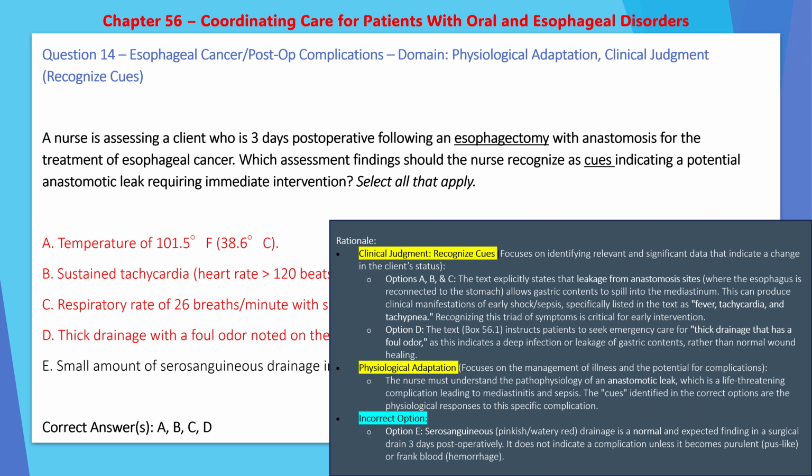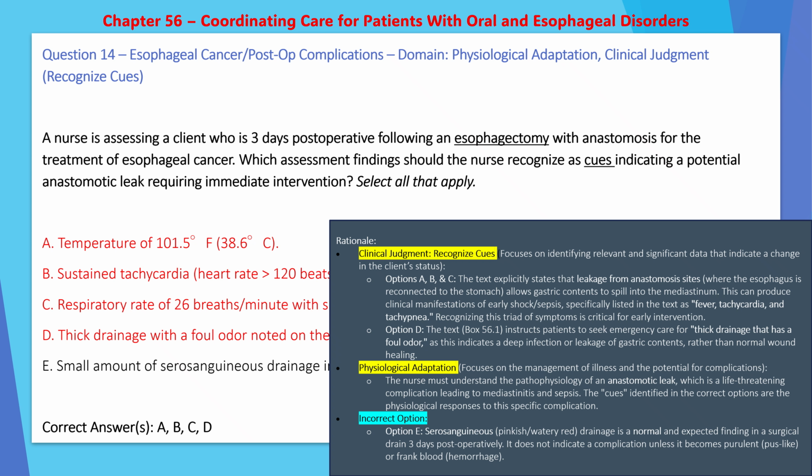Here are the rationales. The recognizing cues focus on identifying relevant and significant data that indicate a change in the client status. So options A, B, and C: the text explicitly states that leakage from the anastomosis site, where the esophagus is connected to the stomach, allows gastric contents to spill into the mediastinum.